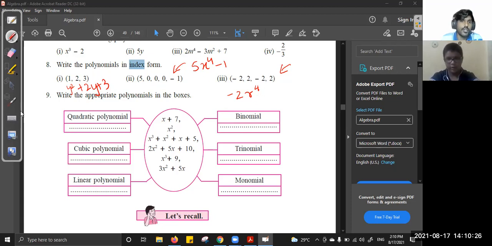So minus 2r cube plus 2r square minus 2r plus 2. Correct? Yes. Okay, fine.